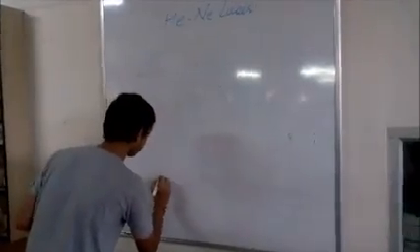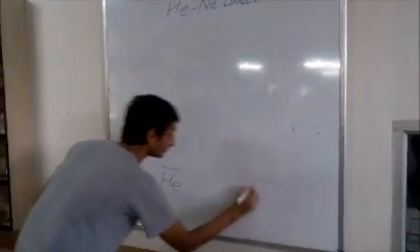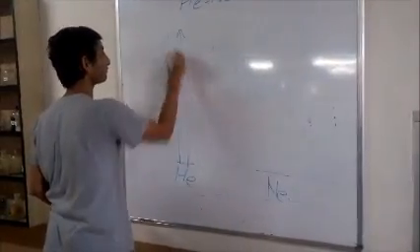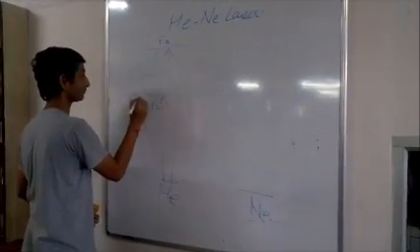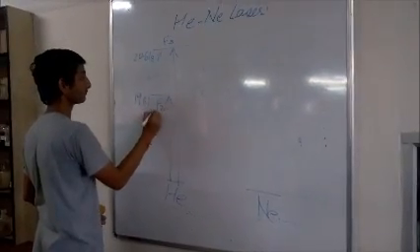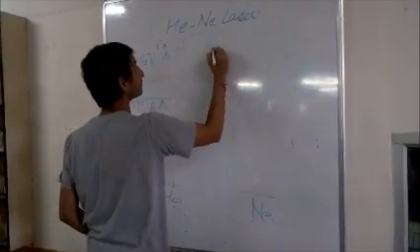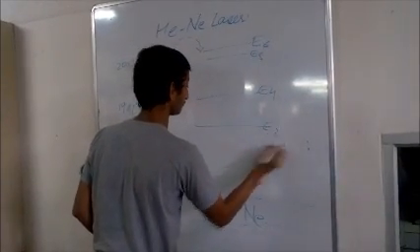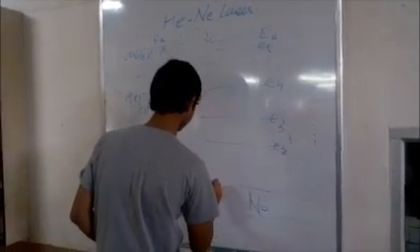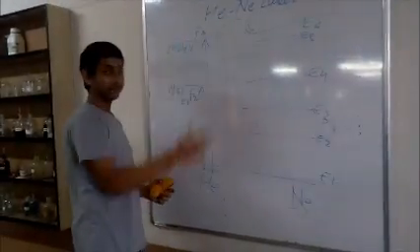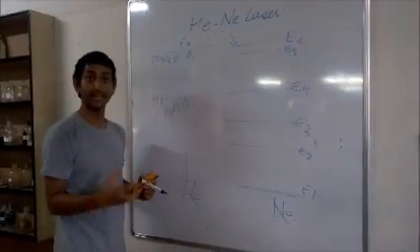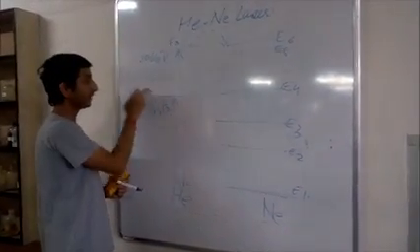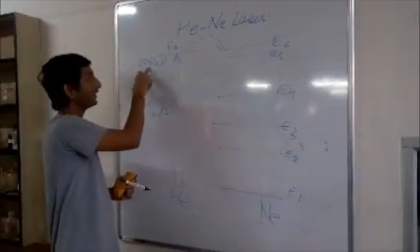I am explaining it with a diagram. You can see I have made a figure in which the helium atom, after gaining kinetic energy when the electron strikes it, goes up to the F2 and F3 higher energy states. F2 has an energy of 19.81 electron volt, and F3 has 20.61 electron volt.